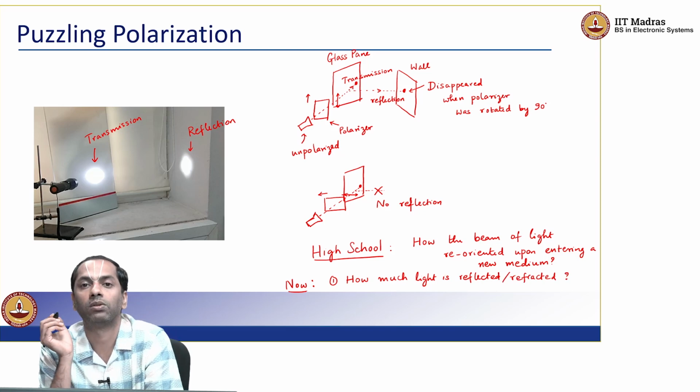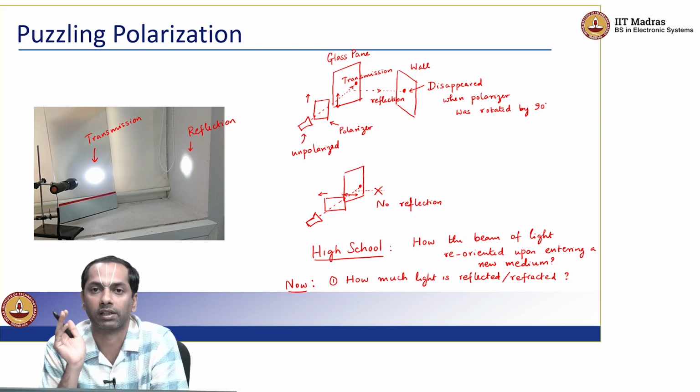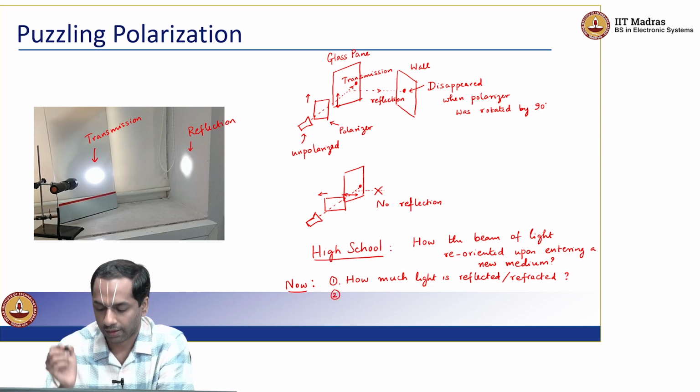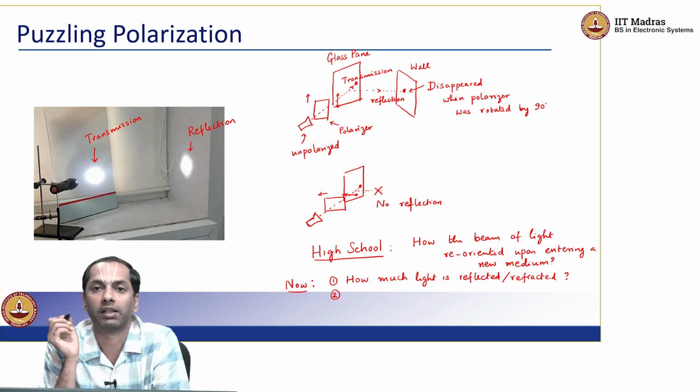High school only taught you how the beam reoriented, that is, it was mostly about direction or orientation of the beam. It just taught you angles and the relationships of the angles based on the input angle and the refractive indices, but it never really taught you how to estimate how much light got reflected and how much got transmitted or refracted into the material. So, we will definitely derive relations mathematically to give analytical expressions for the reflection and refraction.